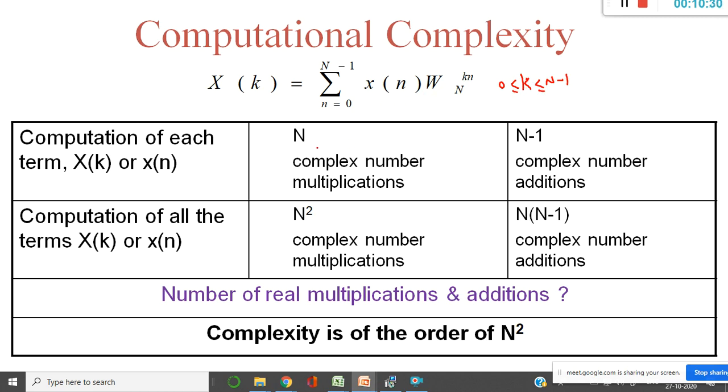Here we mention N complex multiplications are required, and N square complex multiplications are required if I consider all the values of k, whether you calculate the DFT or the IDFT. The number of complex multiplications required for each value of k is N.